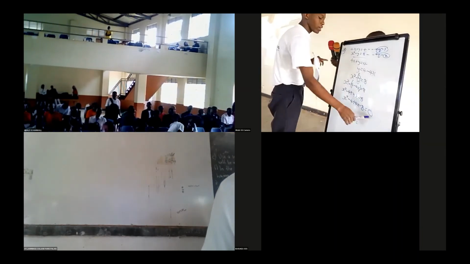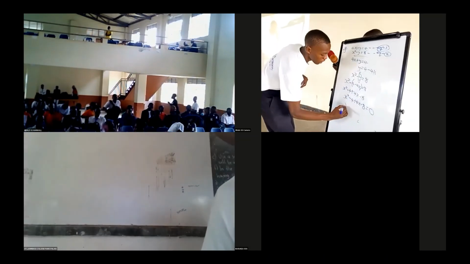Yes, we are solving it using a quadratic equation. So we arrange the x squared plus 4x minus 4 minus 8 being equivalent to 0.